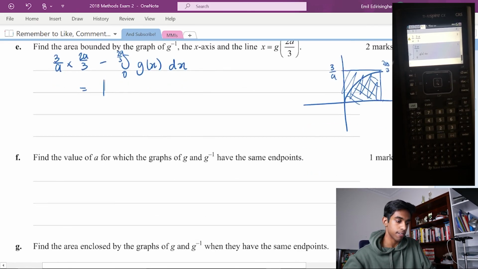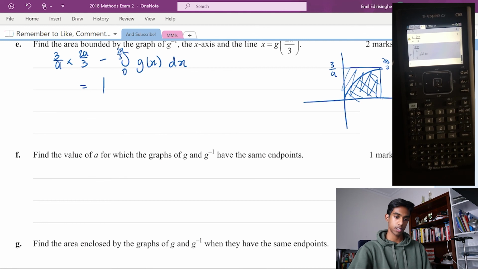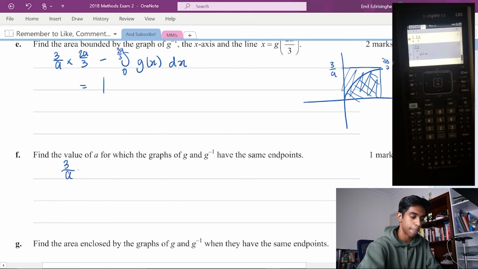Now we have to find the value of a for which g and g negative 1 have the same endpoints. So we know that the endpoint is 3a, so we've got 3a is equal to 2a on 3.